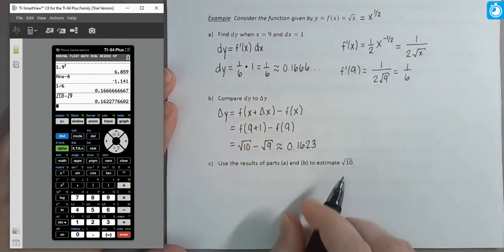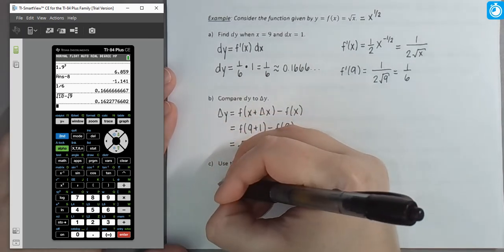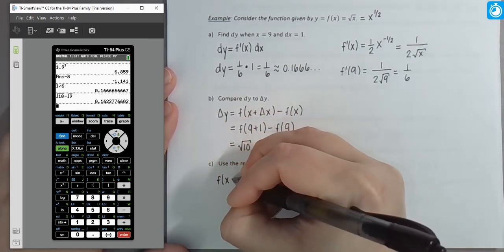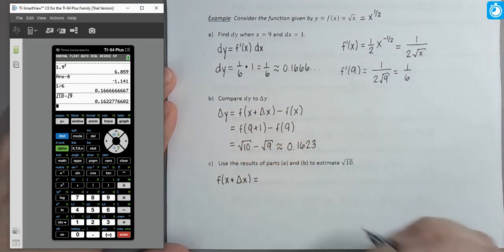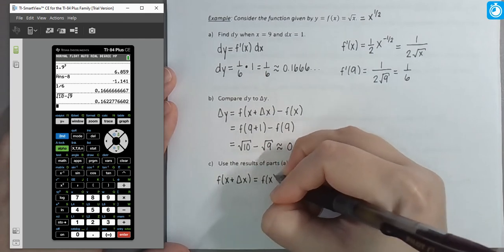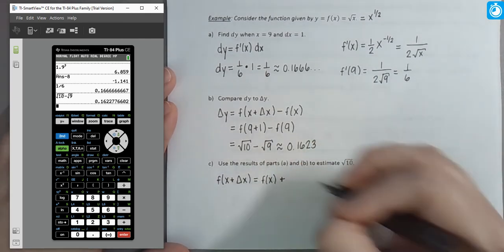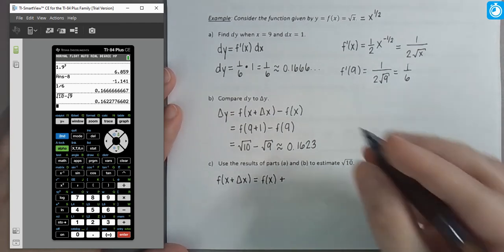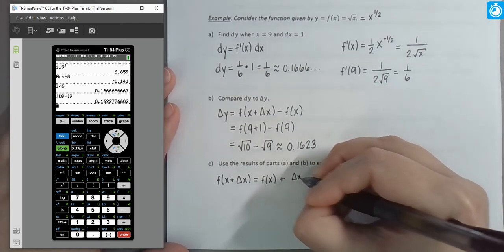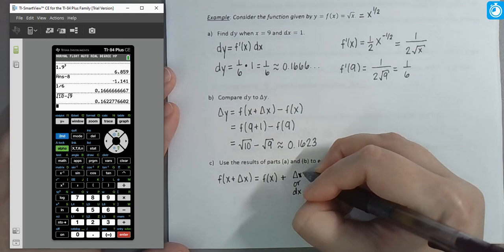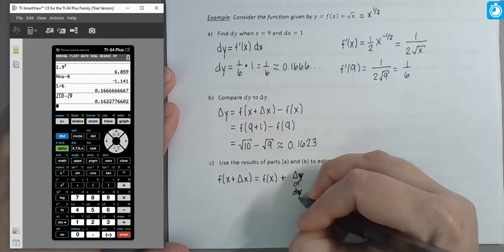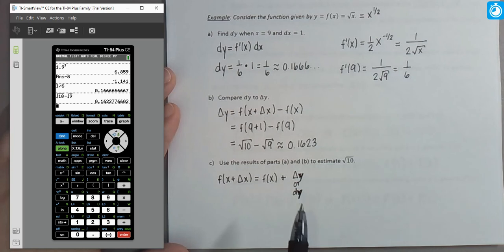So the square root of 10, which we can think of as f of x plus delta x, that's going to be the same thing as f of x plus our change, dy. Take our original x value, add on our amount of change, and that's going to give us the approximation.